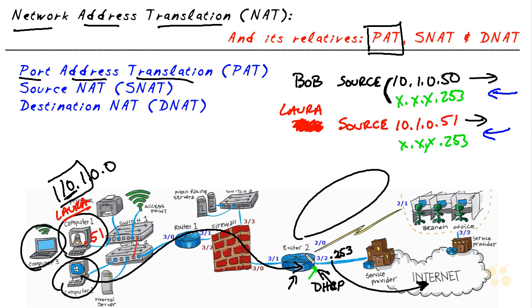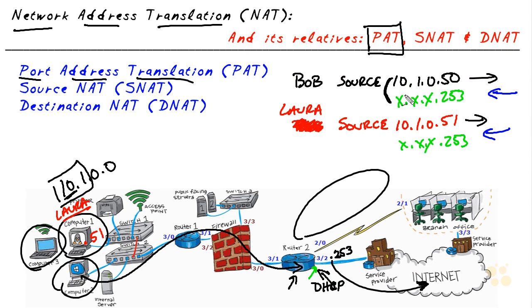So with PAT, the router keeps track of not only the IP address involved in that session or in that conversation, but it also keeps track of layer 4 information, such as ports with TCP or UDP ports. And we'll talk more specifically about ports in a separate nugget, but for now I want you to be aware that it's tracking that additional information to make sure that when the response comes back, that this router 2 running PAT can correctly forward the correct response to the correct client.